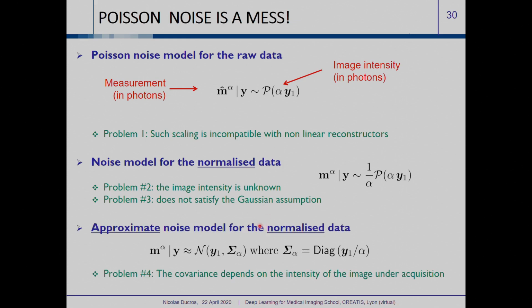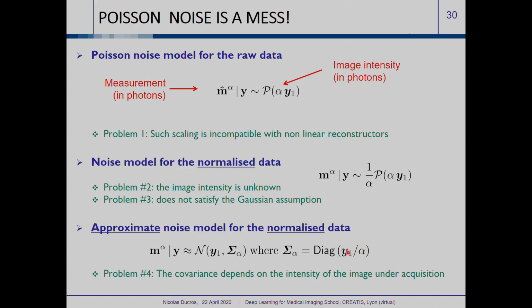Okay, there we go. So the approximate noise model for the normalized data is going to be the following. We approximate Poisson noise by a Gaussian with mean y1, and the covariance here is directly given as y1 divided by alpha.